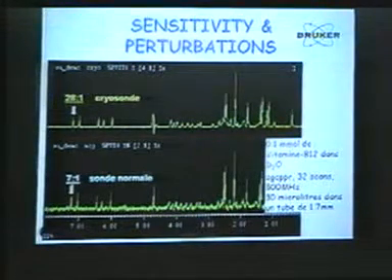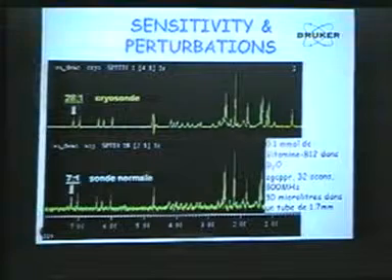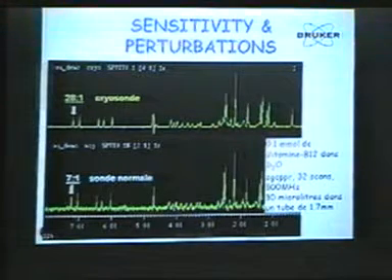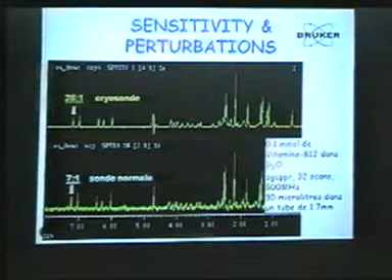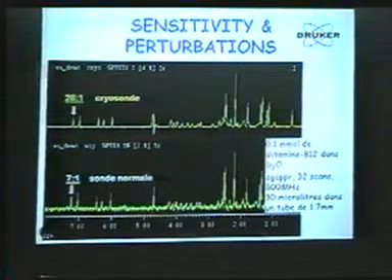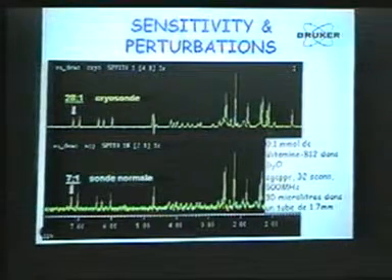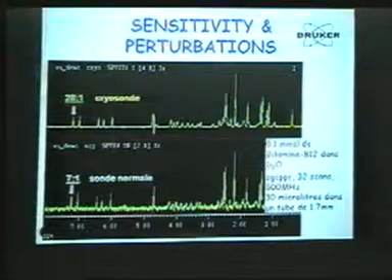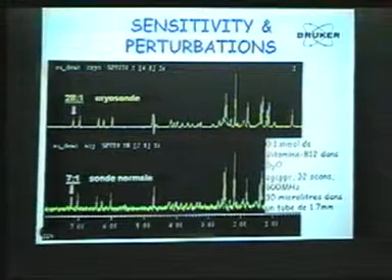Because if you have better sensitivity to your signals, you have also a better sensitivity to external perturbations, or to perturbations external to the sample, but they might be coming from the NMR spectrometer itself, for example. And you can see here, typically you have a spectrum recorded on a cryoprobe, and here a spectrum recorded on a standard probe. Next. What do you see?